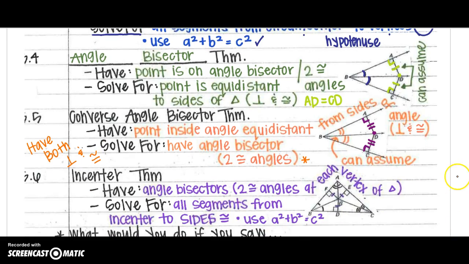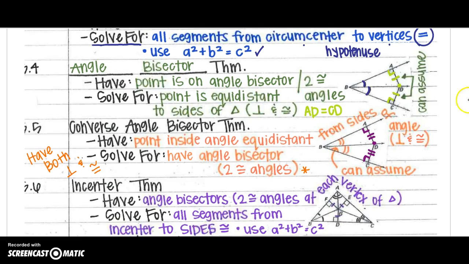All right, the in-center theorem, this is when we are kind of putting all 3 of those angle bisectors in one big triangle. So we have angle bisectors at each vertex of a triangle. So I know that this one's congruent to that one. That one is congruent to that one. Those 2 are congruent. So what can I solve for?